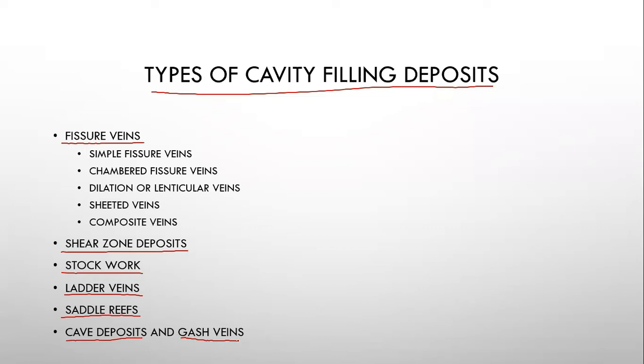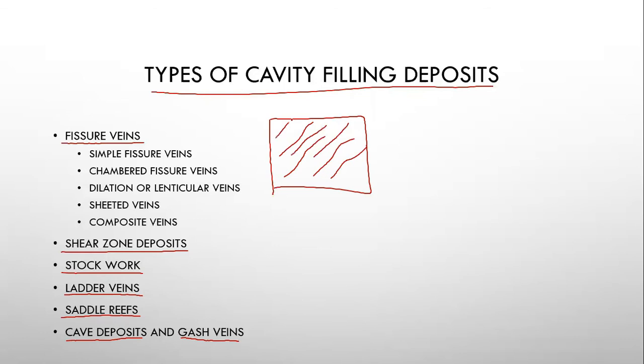What is a fissure vein? As I told you, a fissure, or fracture, or crack inside. Suppose this is a rock, and in that there are cracks inside. These cracks will be filled. This type of cavity filling deposit is called a fissure vein deposit.